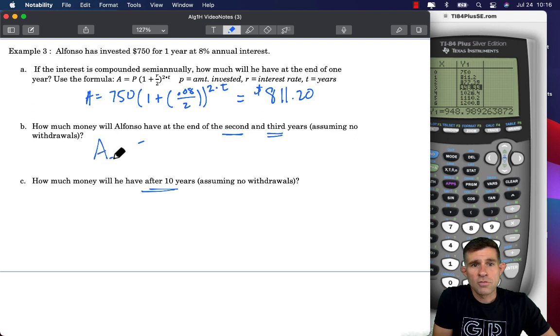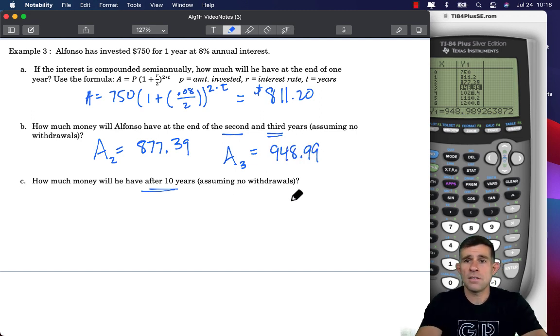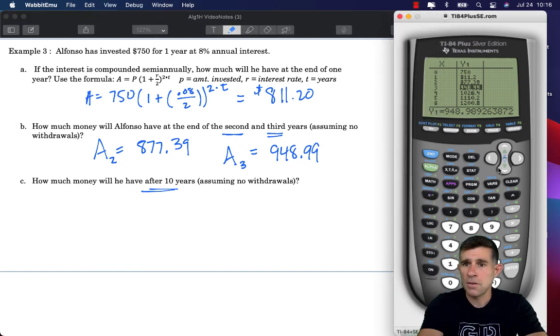Our A of 2 then should be equal to $877.39. Our A sub 3 here, after 3 years, is now worth $948.99.